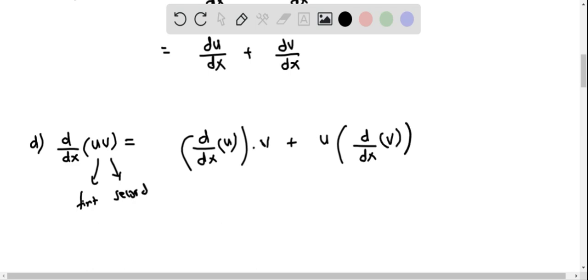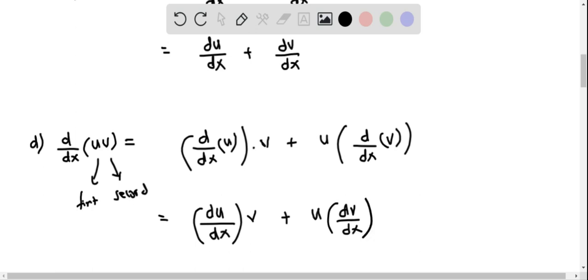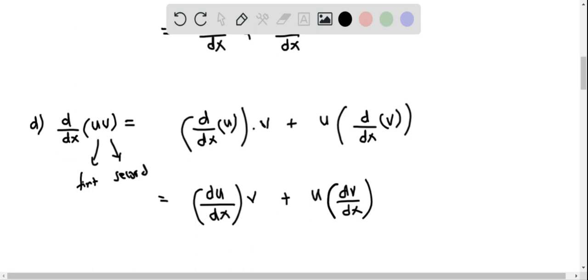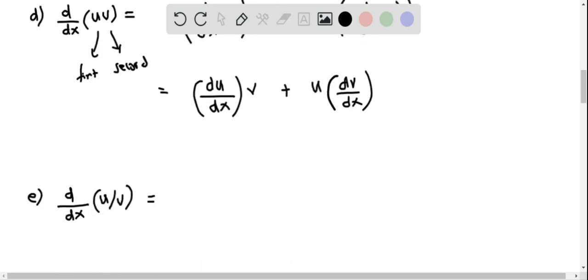We write this in simplified form as du over dx, which is the differentiation of u with respect to x, multiplied with v, plus u times dv by dx, which is the differentiation of v with respect to x. So it's basically du by dx times v plus u times dv by dx.